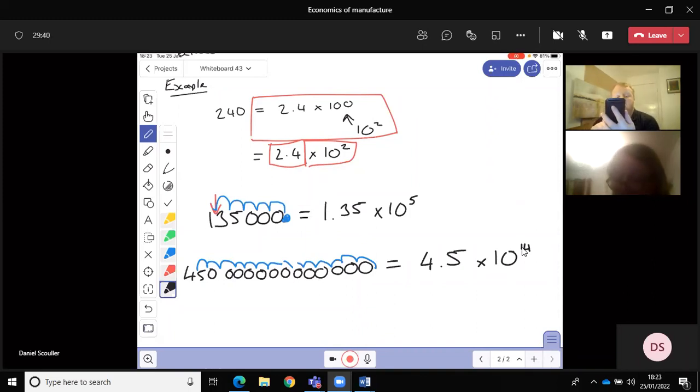If I put 2.4 into my calculator, then press that button, if you've got EXP, it should give you a wee E. Just check it out. If you've got a times 10 to something, it should give you a wee times 10 beside that 2.4. And then we did the power of 2, so you just type in the number 2.